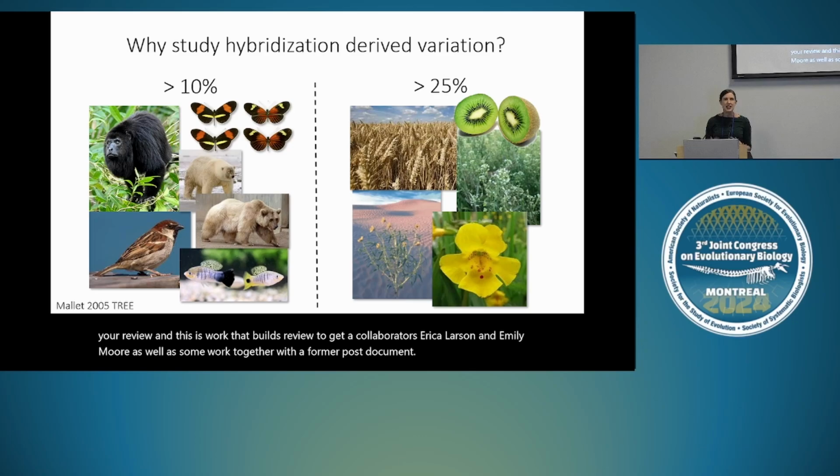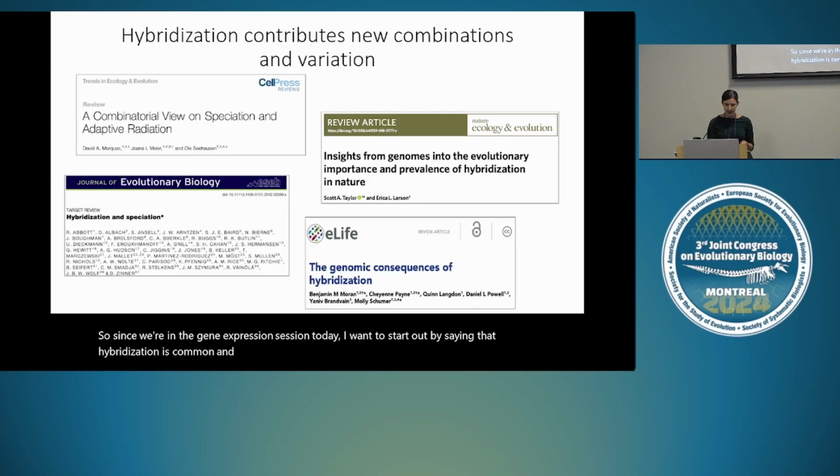Since we're in the gene expression session today, I want to start out by saying that hybridization is common, and that the revolution of sequencing has basically shown that it's an important evolutionary force contributing novel variation for selection to act on.